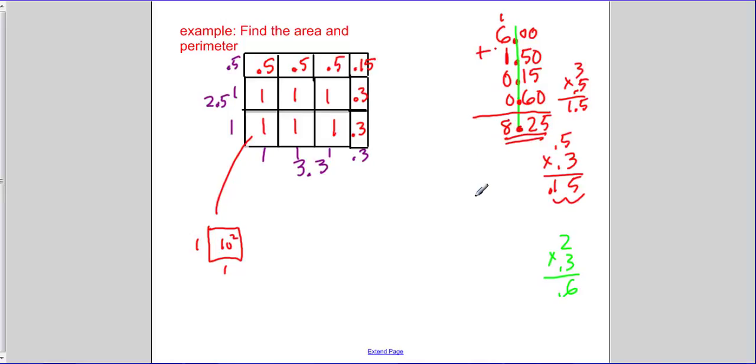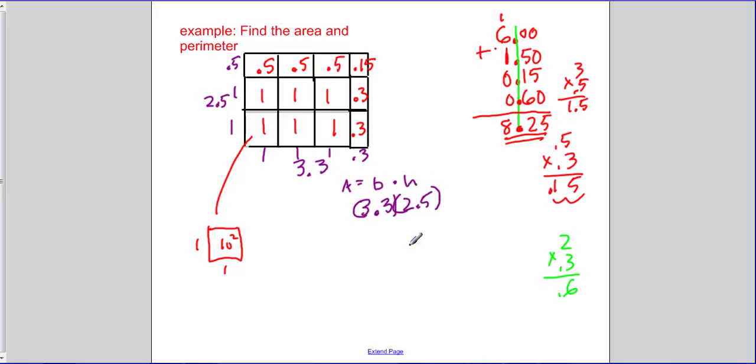Now that's a very cumbersome way to calculate the area here, but that is a way of looking at what's really going on. What we're going to do when we actually calculate the area of such a rectangle is we just take the base times height, because the area of a rectangle is base times height. My b is 3.3. My height is h, which is 2.5.